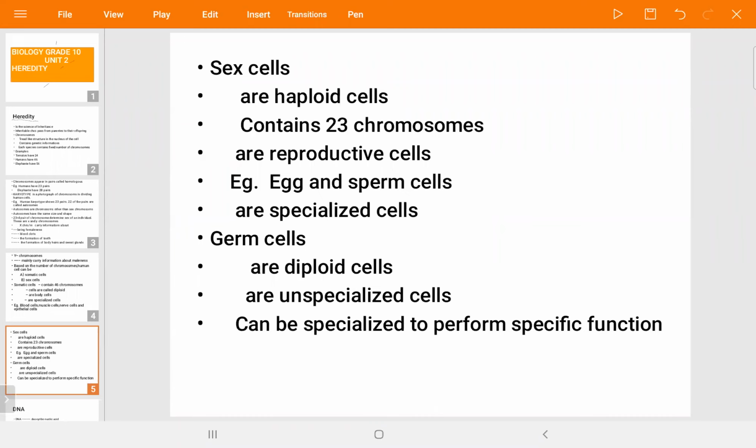We will discuss this next class. Germ cells can be specialized to perform specific functions.